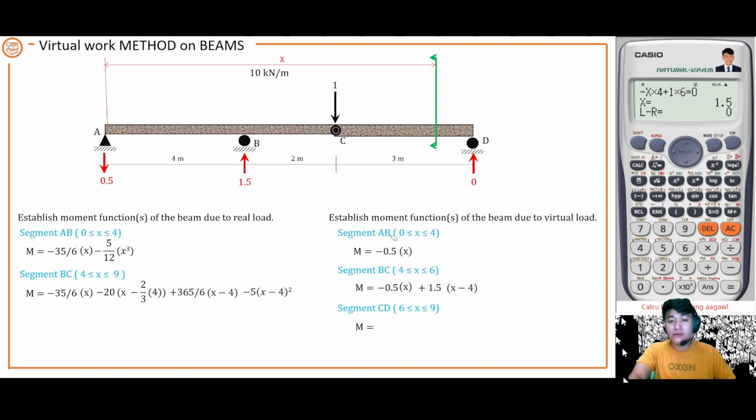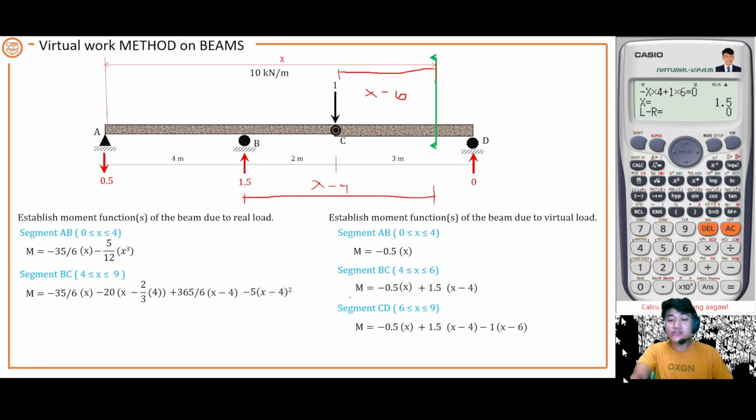Then the moment function will be small letter m. Counterclockwise, negative 0.5 times x, then 1.5 times this distance, which is x minus 4. And counterclockwise also, this is x minus 6.